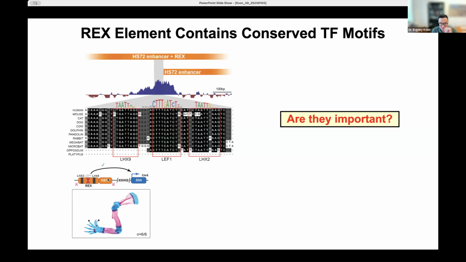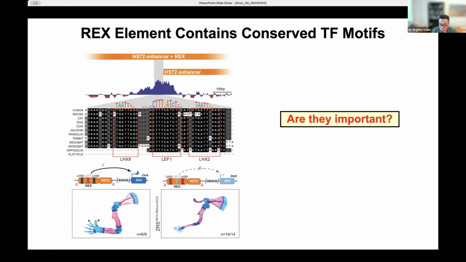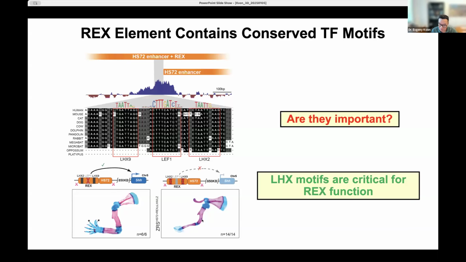If you remove it, it still works. However, when we removed both LHX sites, this range extender element lost its function, and it resulted in a mouse that had truncated limbs, right? So this was indistinguishable from just not having the Rex element at all. That suggests that these LHX motifs are critical for range extender function.